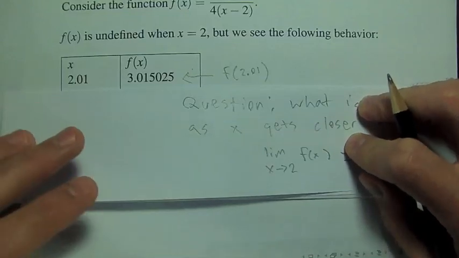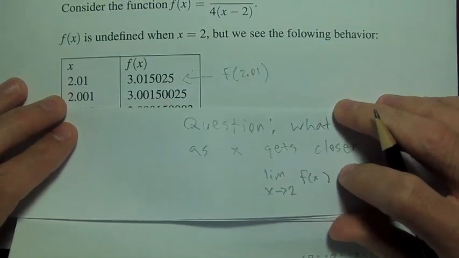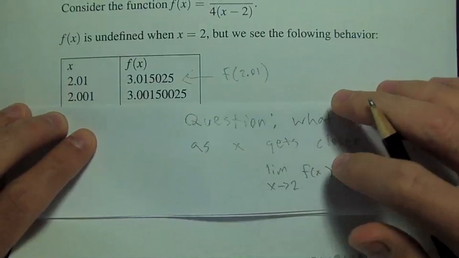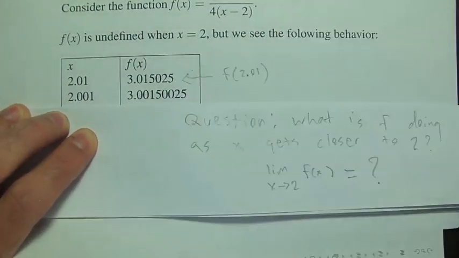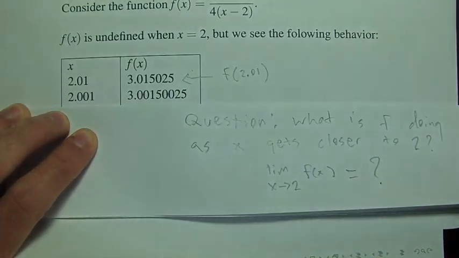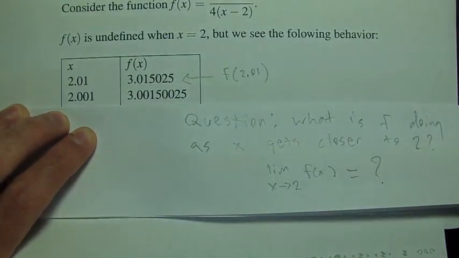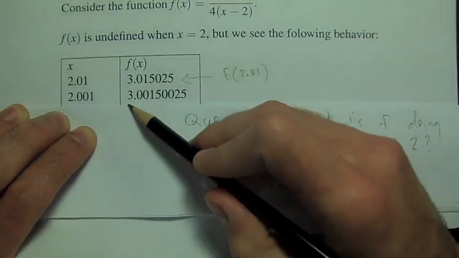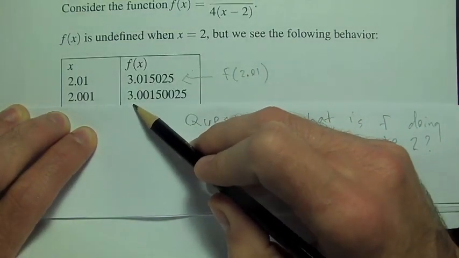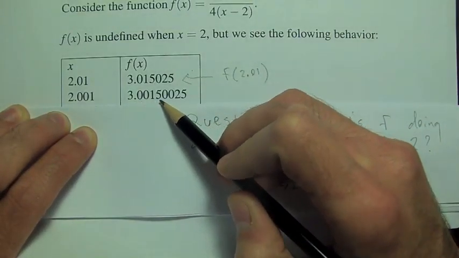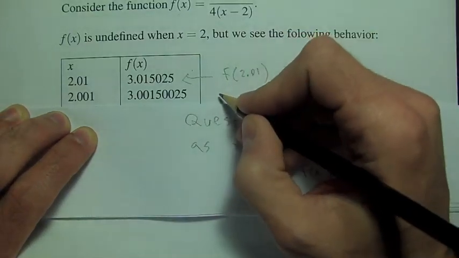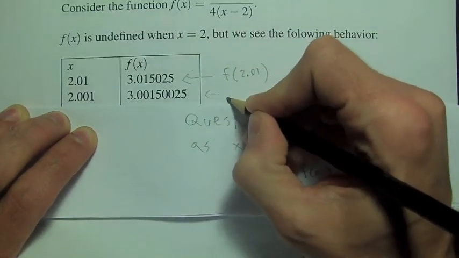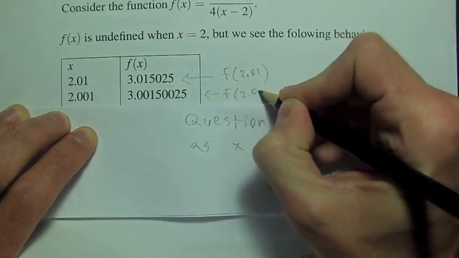Now this doesn't tell us very much, so let's get even closer. When x is equal to 2.001, that's even closer to 2, right? f is going to be equal to 3.00150025. Once again, that is f of 2.001.